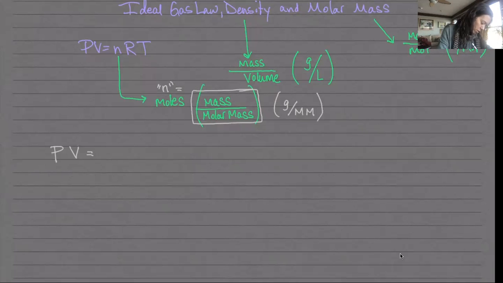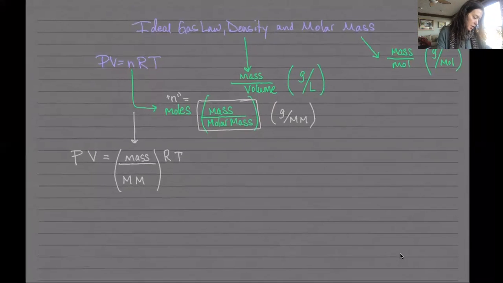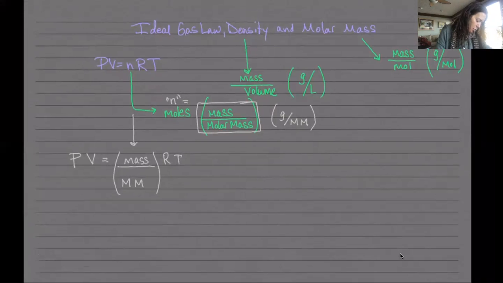So in terms of moles, I'm going to write mass over molar mass in place of n. And then I will write RT. I now have an equation that has molar mass in it. So let me rewrite this.